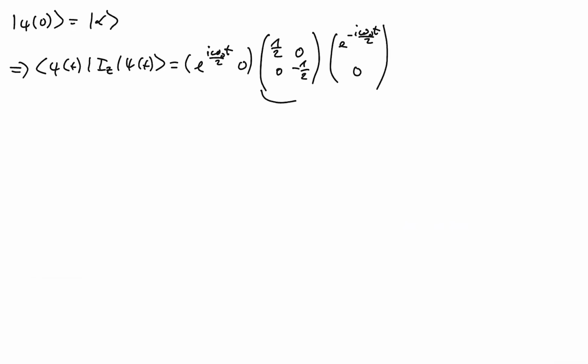Then if we calculate, this gives the vector 1/2 e to the minus i omega 0 t half, 0.